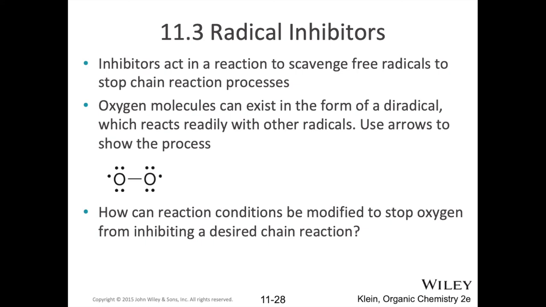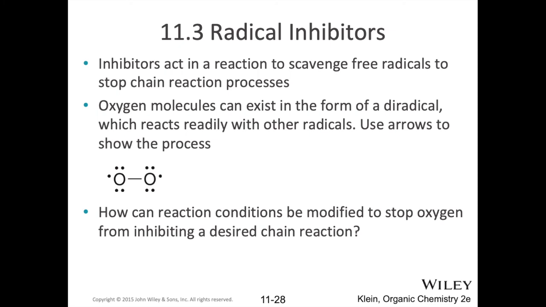So to look at this backwards, while initiators produce radicals that will get radical reactions happening, sometimes we want to stop radicals from reacting. Okay, and that's where radical inhibitors come in. Sometimes we want to avoid that chain reaction process, or stop it, or just prevent it happening in the first place.